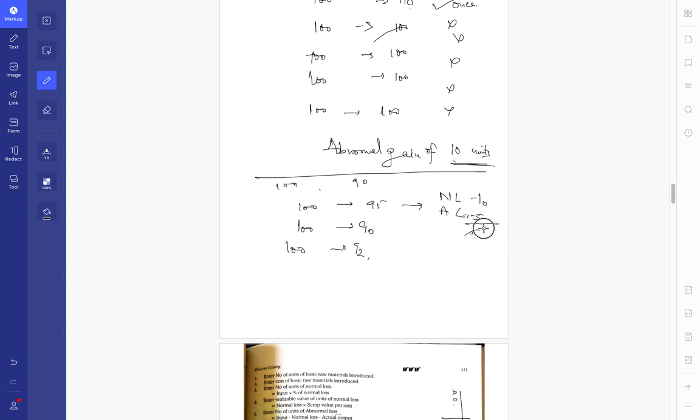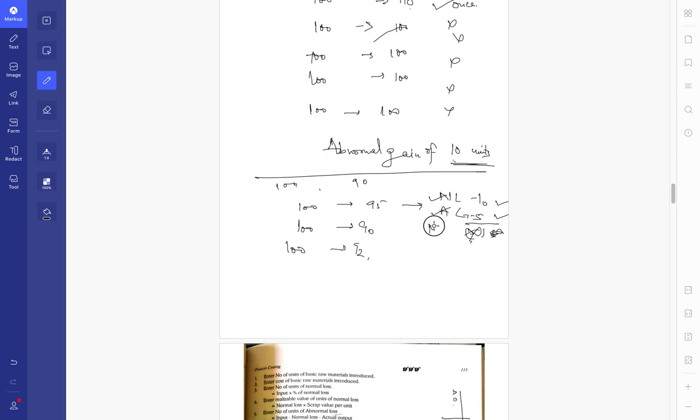That would give you a standard loss of 5. You cannot write it this way, you have to write it separately. Normal loss of 10 units, abnormal gain of 5 units.